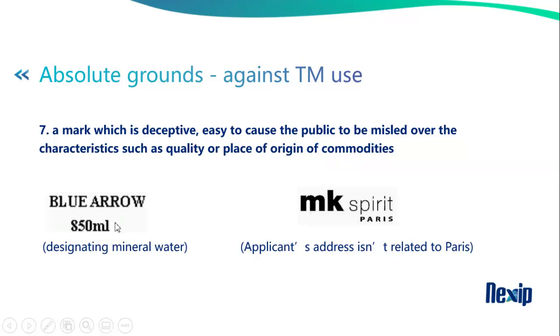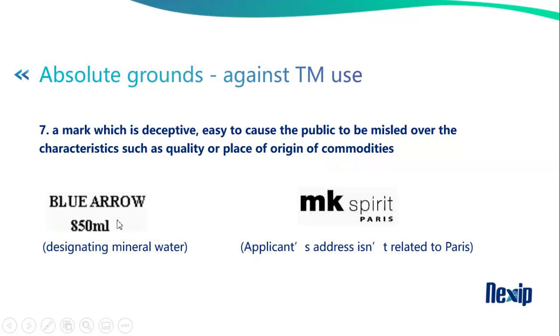As the Trademark Office cannot be sure whether the applicant is going to use this mark on products of more than 850 milliliters or less than 850 milliliters, they feel that if they do use this mark on water products of more or less than 850 milliliters, it can be quite deceptive to consumers. So this mark cannot be registered and used as trademarks.